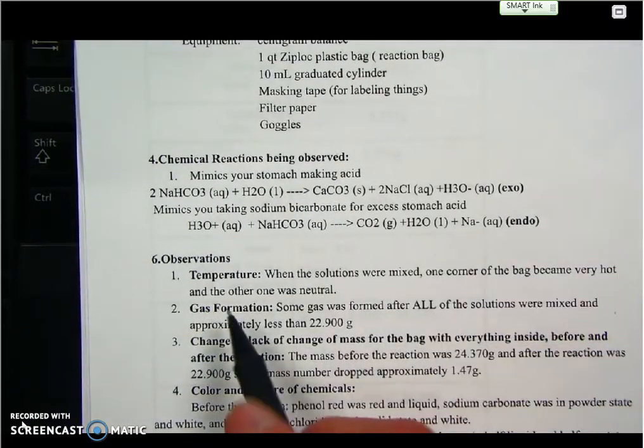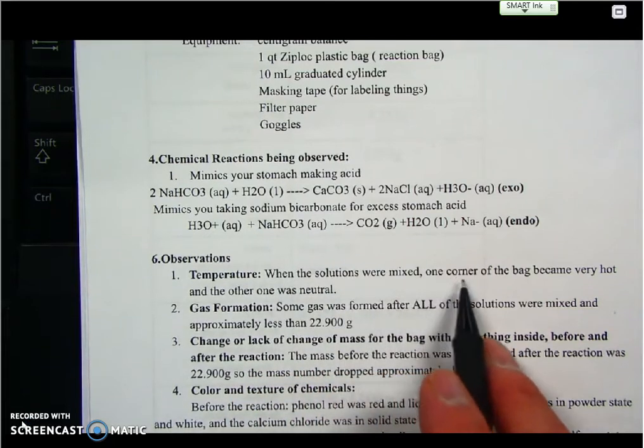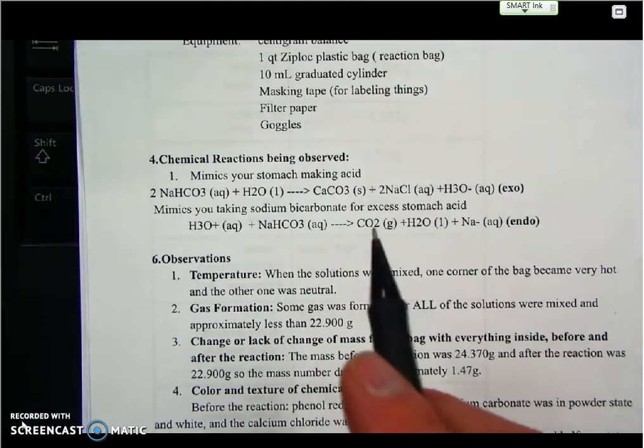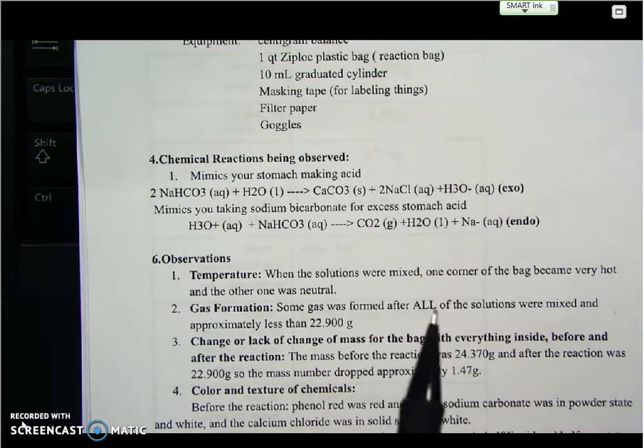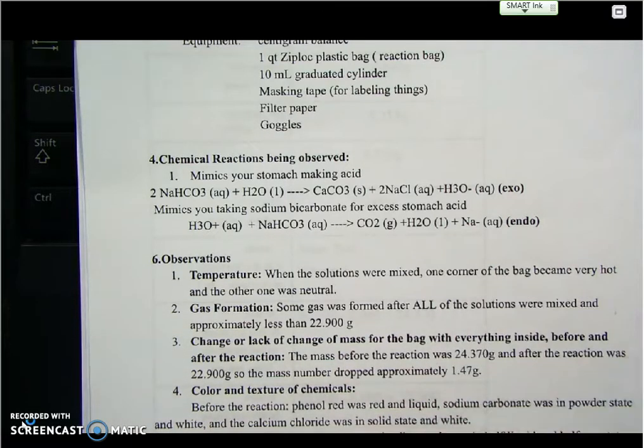So temperature. Good. When the solutions were mixed, one corner of the bag became very hot. A perfect observation. Excellent. I had people say that it went exothermic. Well, that's a conclusion. That came from an exothermic reaction.